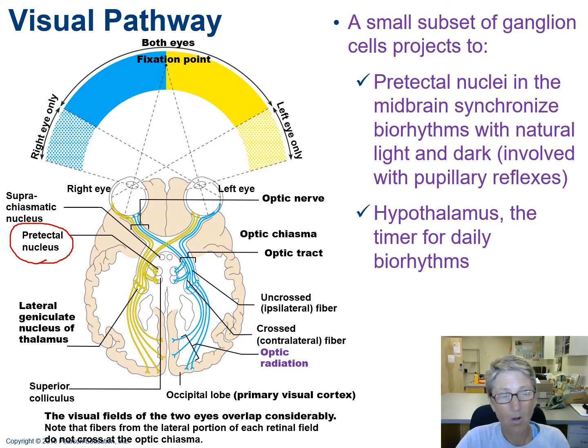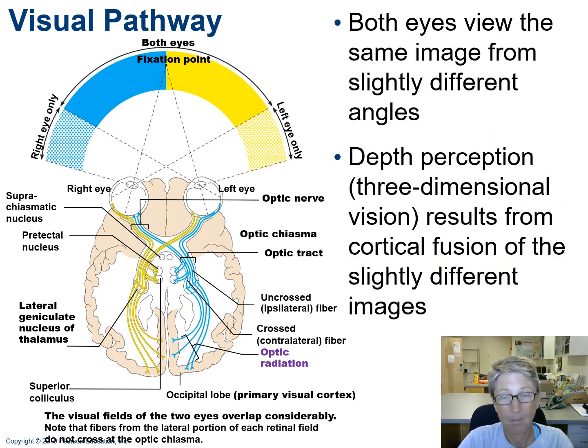So the pretectal nucleus is involved with your pupillary reflexes in response to light and dark. And then from there, they go to the hypothalamus. And the hypothalamus basically is your timer for your daily biorhythms. So when is it time to wake up? When is it time to go to sleep? Time to take a nap.